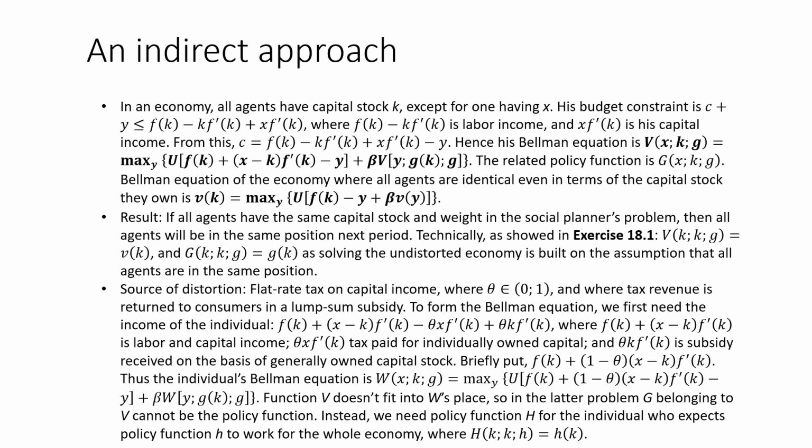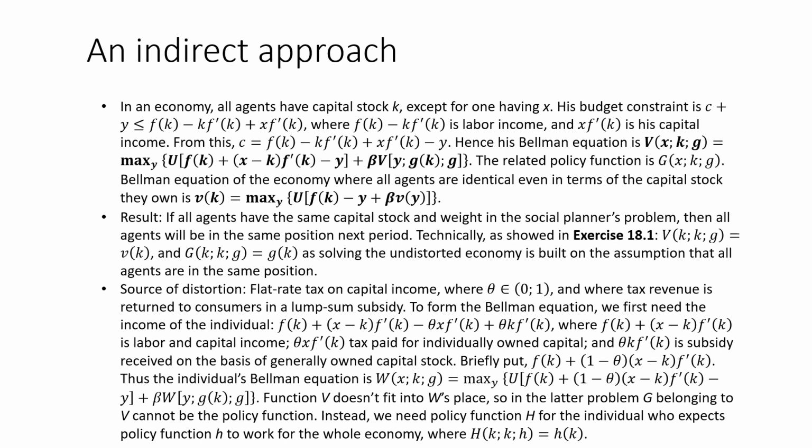We have a Bellman equation for this distorted economy, and it is not the same as the Bellman equation of the undistorted economy, even if the agent owns capital X. So value function capital V doesn't solve the second Bellman equation, the Bellman equation of the distorted system, and there is no analogy between the two policy functions.